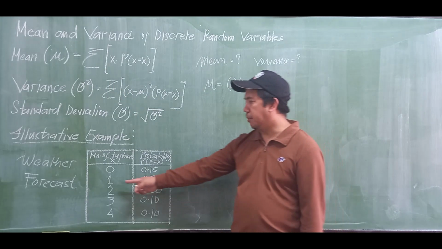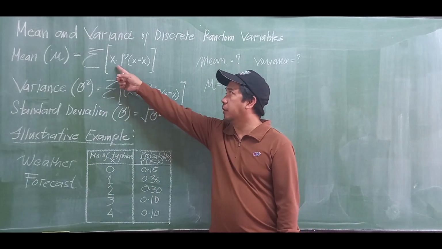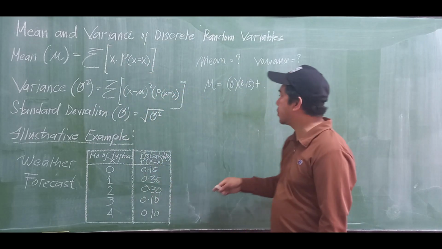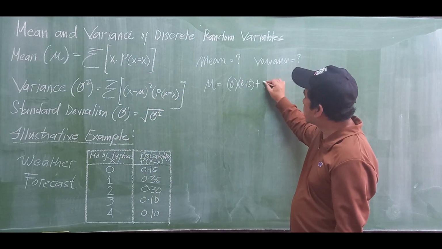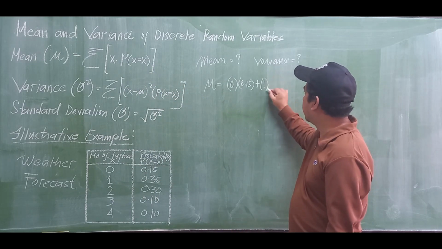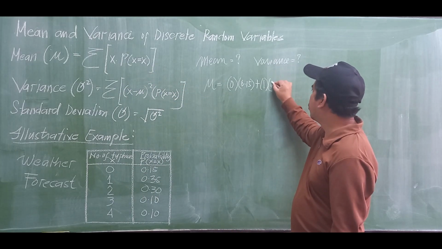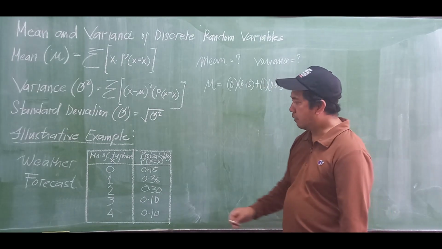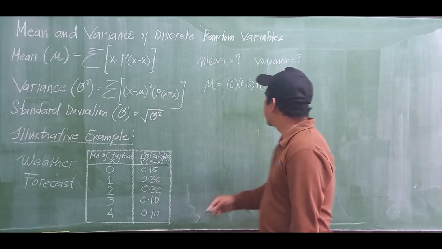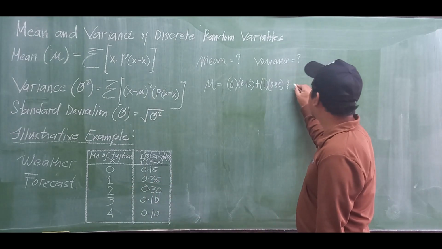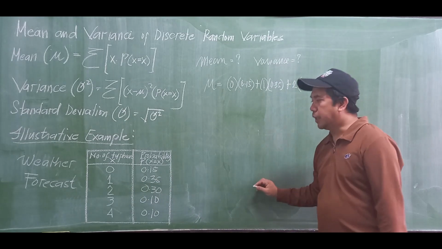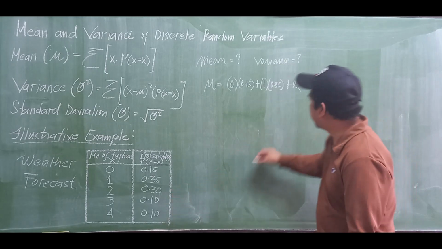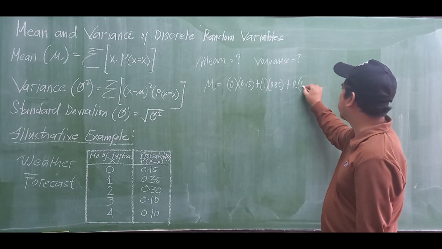Because we are talking of summation, that is the same as to add, plus another one, which is 1, our next variable. 1 multiplied by its corresponding probability, that is 0.35. Now we have the next variable x, so again plus 2 multiplied by its corresponding probability, that is 0.30.